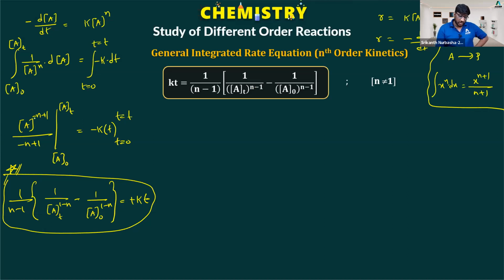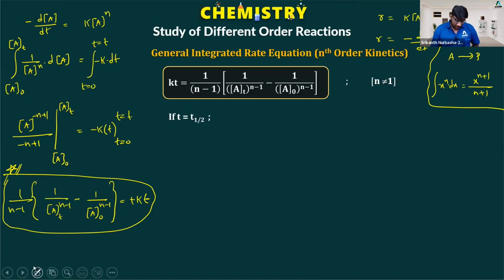Earlier I had concentration of A whole power minus n plus 1, that is 1 minus n, but I'm writing it in the denominator. So I have to write n minus 1. 1 by concentration of A at any time power n minus 1, minus 1 by concentration of A at time t equal to 0 power n minus 1, that will be equal to kt. This was your correct equation.